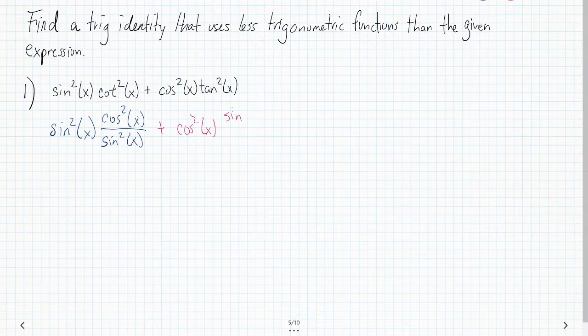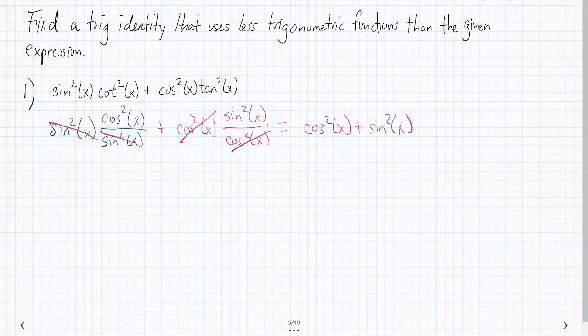So tangent, we can write as sine over cosine. Since it's squared, you're going to square both pieces. And let's check out what happens. So this whole thing, we have the sine squareds cancel, and then we have the cosine squareds cancel. So what we're left with is cosine squared x plus sine squared x, which does have fewer terms.